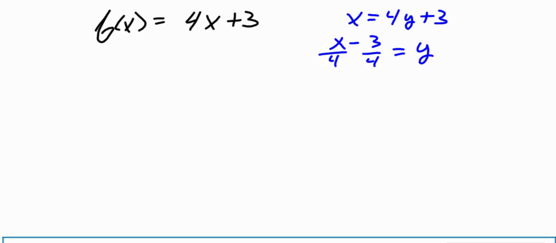Then instead of saying y, I rename this new function as the inverse function. This is basically a linear equation, and I found its inverse. My original equation had a slope of 4, so its derivative would be 4. If I took the derivative of this new inverse function, it would have a slope of 1/4.